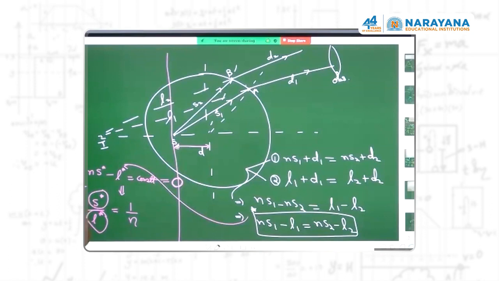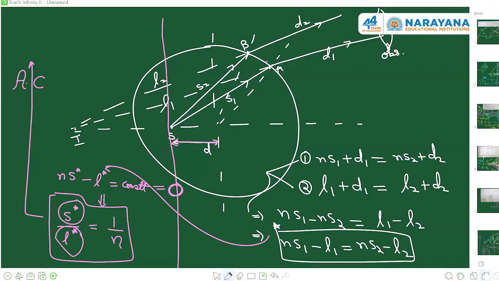Once I get this result, indirectly I land up on the concept of Apollonius circle, which we have studied in potential also. Because what we are now trying to say is that the fact that this is a circle, now Apollonius circle converts into Apollonius sphere in 3D.